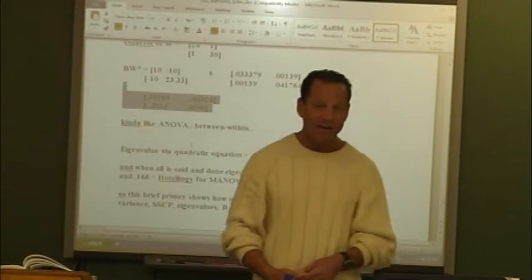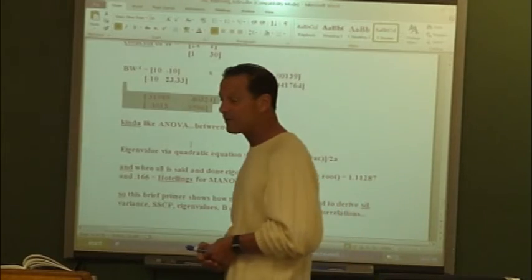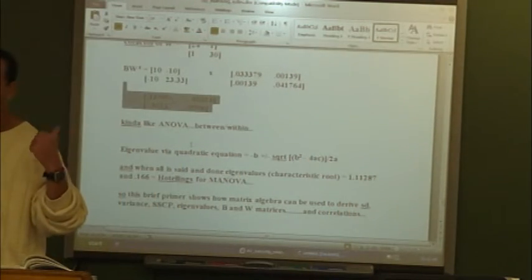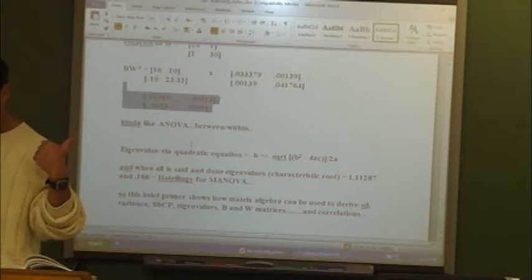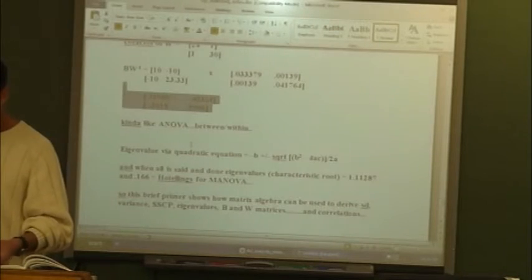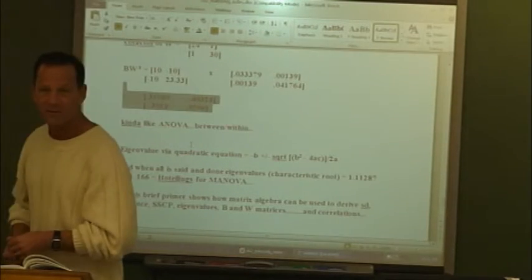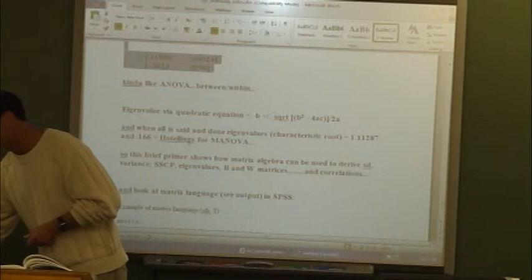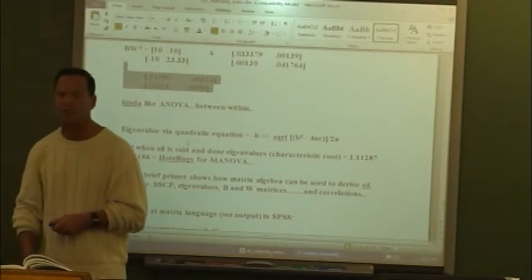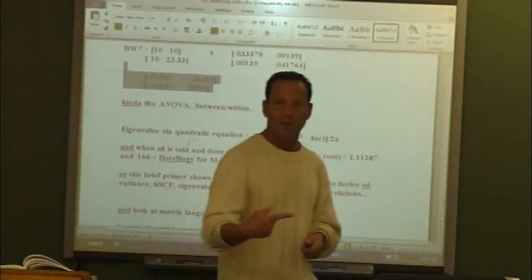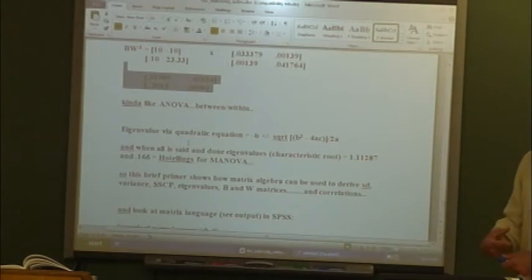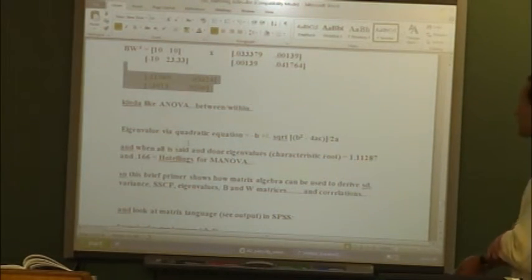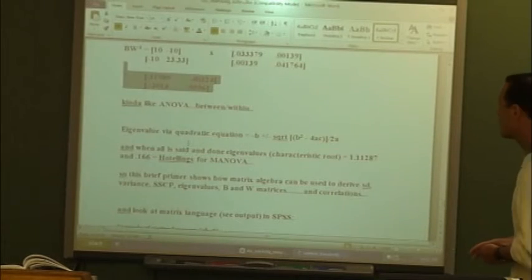And that is the black box, so to speak. We never brought this up in 602, and I won't to this day. But that's the black box of matrix algebra for ANOVA. Then you can calculate this thing called an eigenvalue, which is really helpful to break down variability. It's basically a quadratic equation: minus b plus or minus the square root of b squared minus 4ac, divided by 2a.